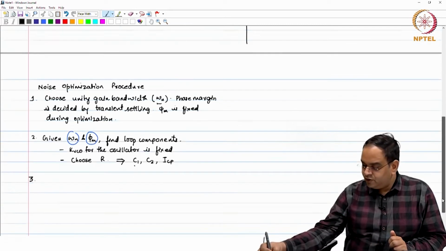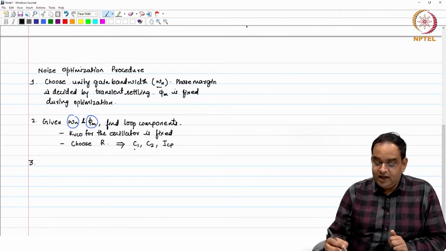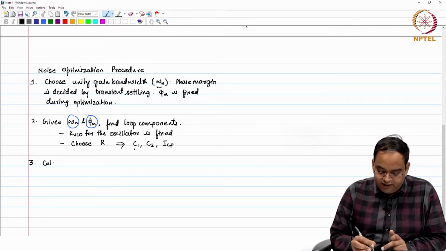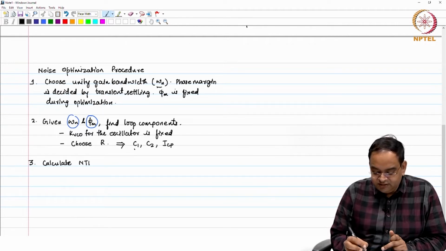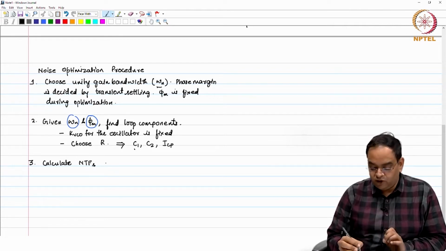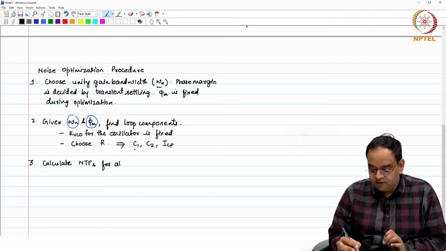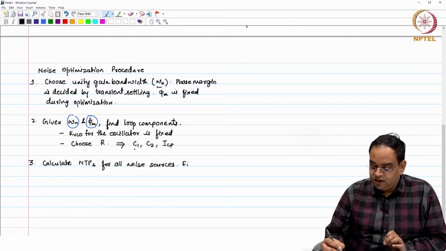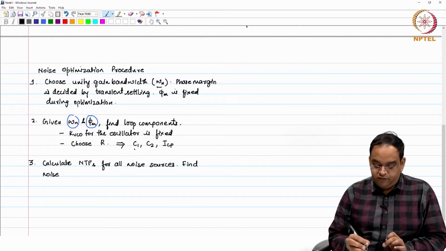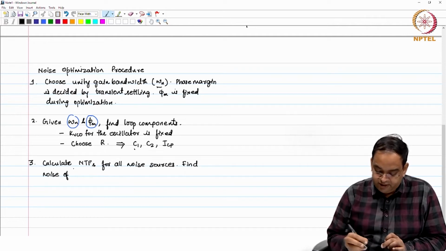Once your C1, C2 and ICP are found out, then what you are going to do is calculate noise transfer functions for all the noise sources, and you find the noise of all sources independently.